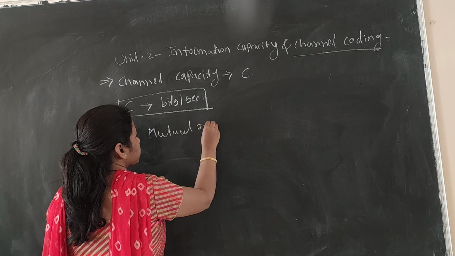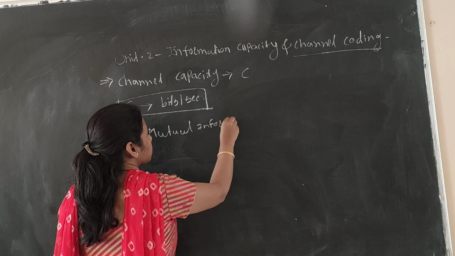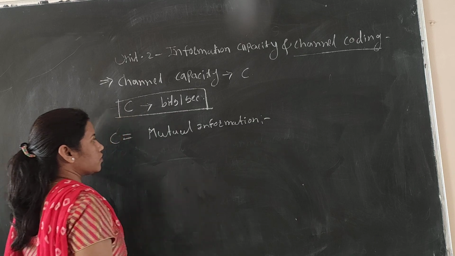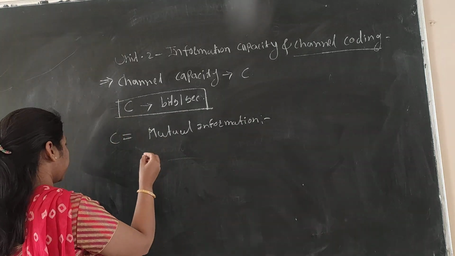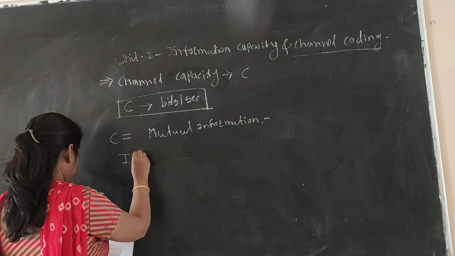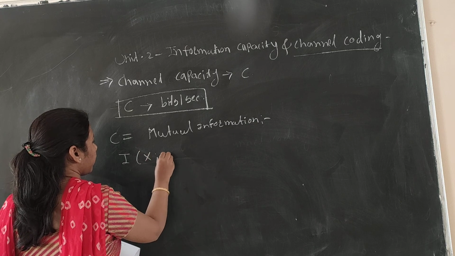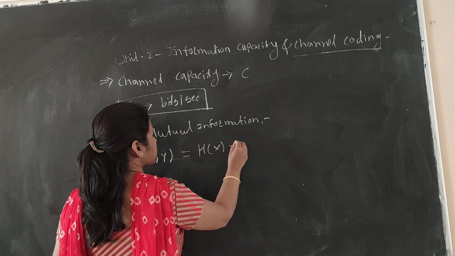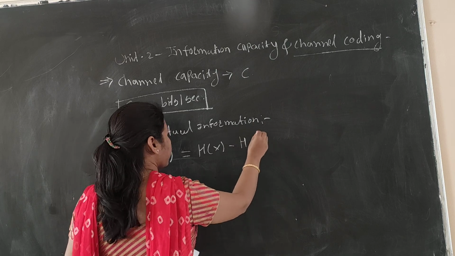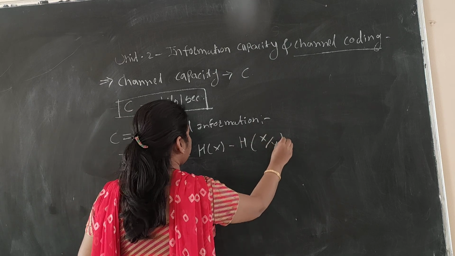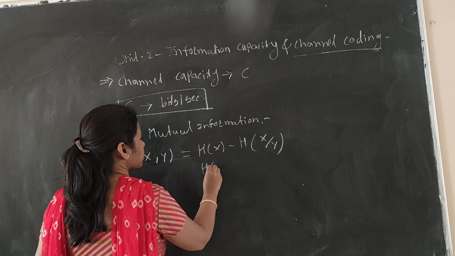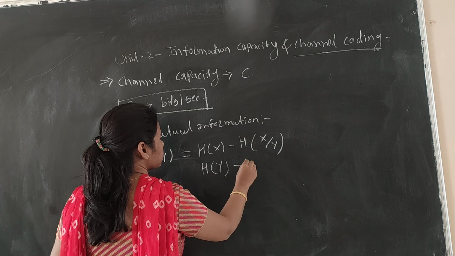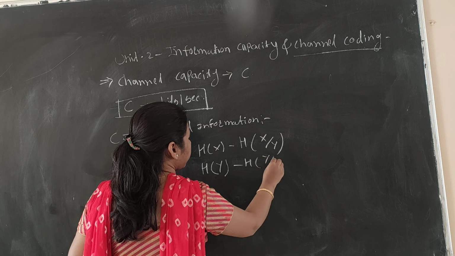Mutual information. In the last unit, we discussed mutual information, which can be expressed as I(x, y) = H(x) - H(x|y), and with respect to y, H(y) - H(y|x).